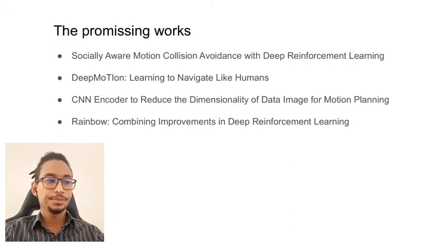The second, Deep Motion: learning to navigate like humans. The model tries to learn using the paths used by humans, and it has a Gaussian distribution loss function to better generalize the model for acceptable path variations that aren't displayed in the dataset.